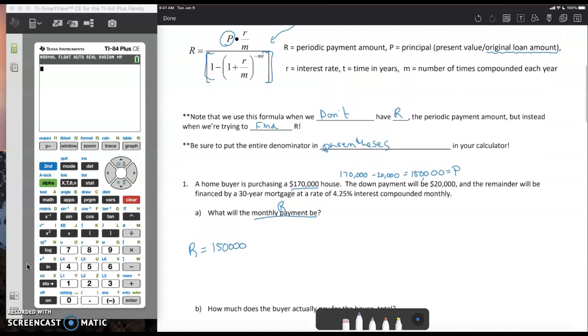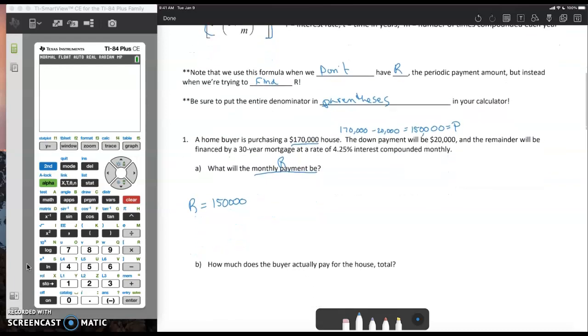Then our formula says to do r over M. The rate, the little r, is 0.0425. M is compounded monthly, so 12, and our T is 30 years, so that should be everything we need. So we're going to have 0.0425 over 12, big fraction bar, and set up a bracket.